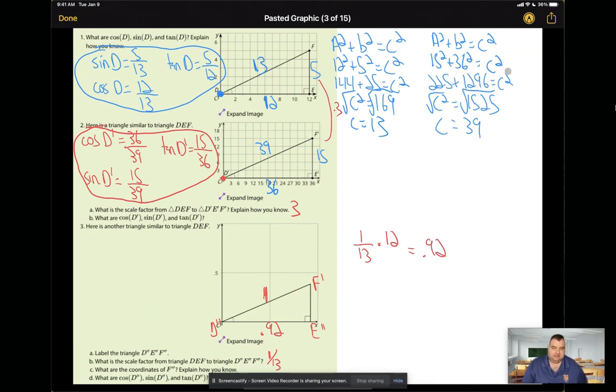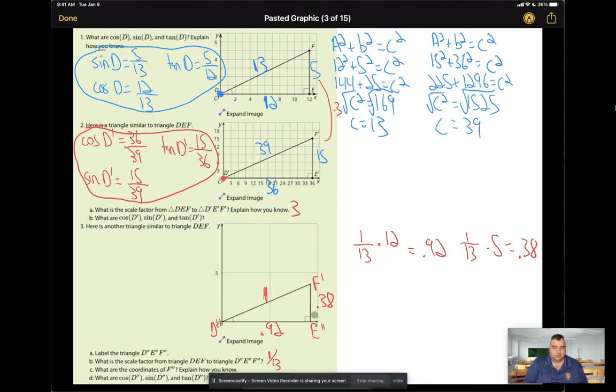And to figure out the other side, I have to take 1/13 times 5. I'm just using a calculator. 1/13 times 5 is approximately 0.38. So this side is 0.38. So the scale factor is 1/13.